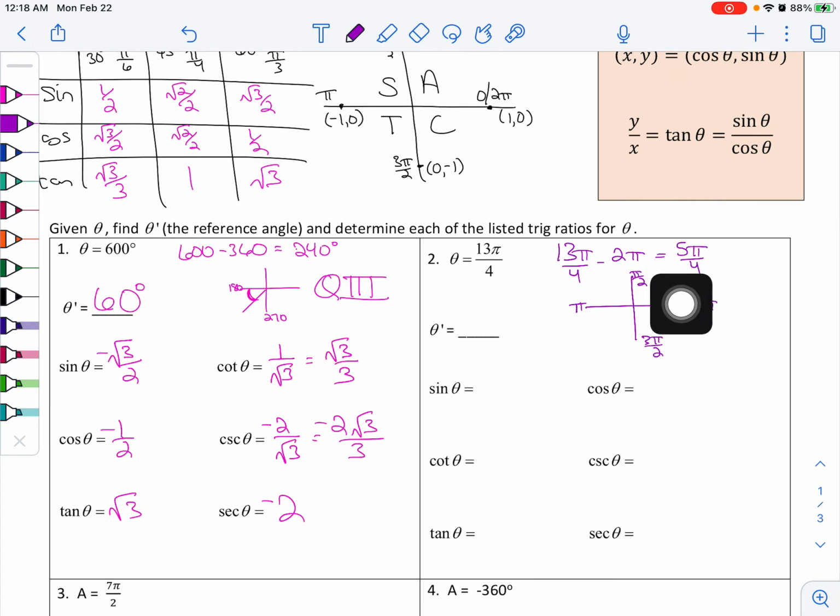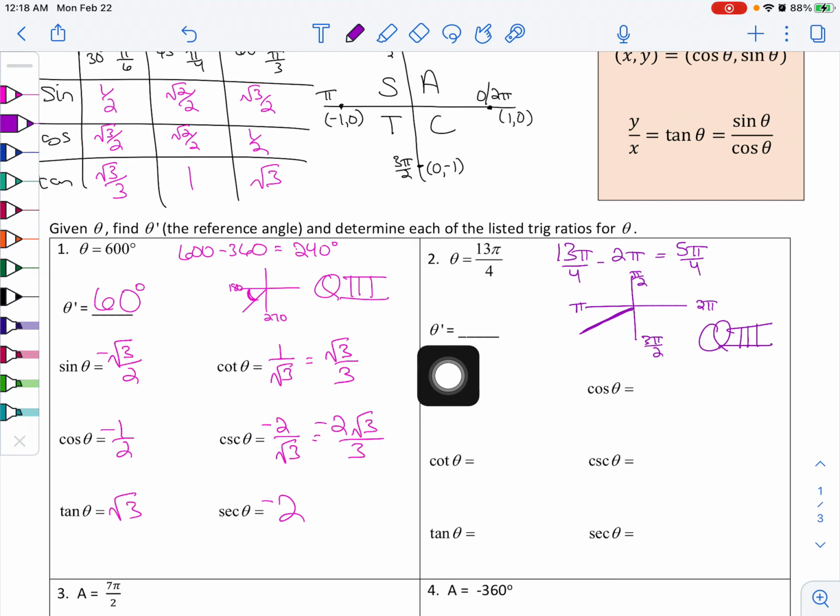You just kind of get used to seeing some of these because you work with the unit circle or you just know those values. Now, 5 pi over 4 is going to be a little bit more than pi, right? Because pi would be 4 over 4, like 1 pi, 4 over 4. So we are down here somewhere, all right? Again, we're in quadrant 3. That won't always happen, of course.